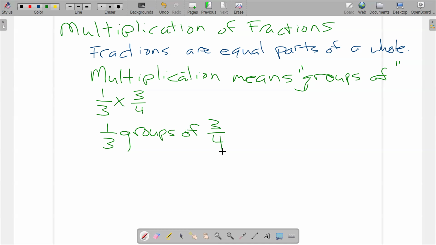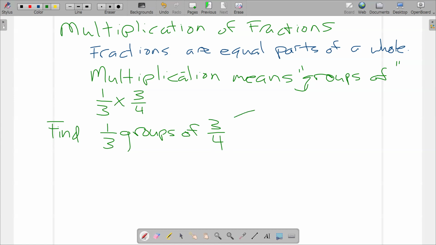So basically I'm being asked to find 1/3 groups of 3/4. Well, before I can find 1/3 of something, I need to see it. So the first thing we have to do is draw the 3/4, because I can't find 1/3 of it until I see the 3/4.